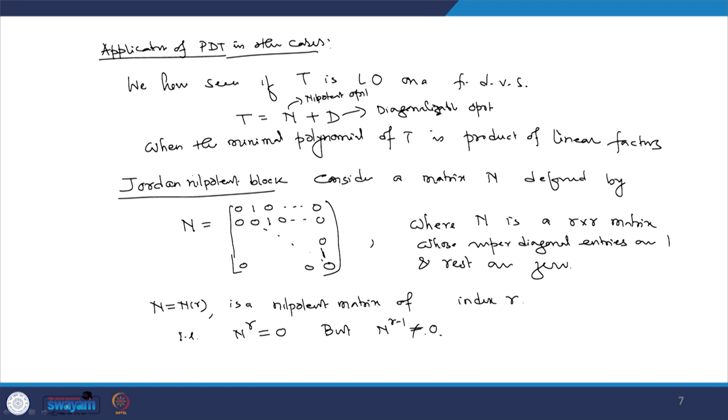See, the way I have written the matrix N, I can immediately construct a linear operator over F r cross 1 like this.